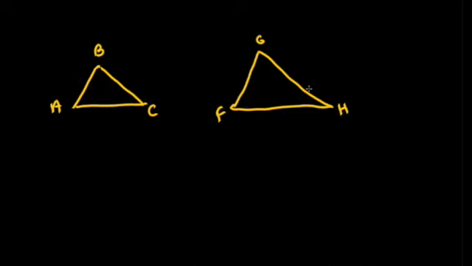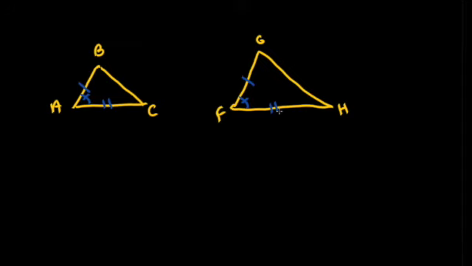Now let's say that we have these same 2 triangles again, but this time we know that AB is congruent to FG. We know that angle A is congruent to angle F. And we know that segment AC is congruent to segment FH. So now we don't know that all the sides are congruent.